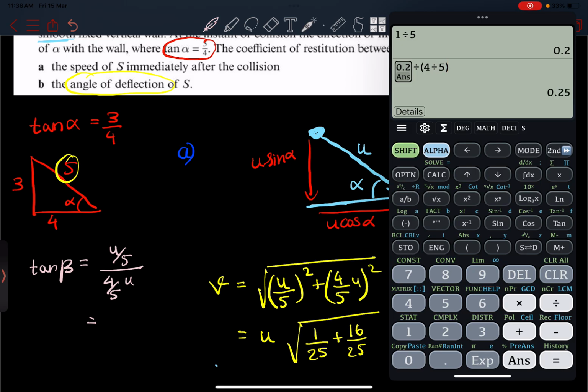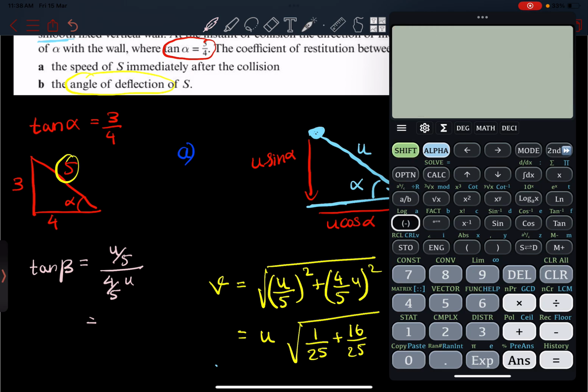Then we do tan inverse of 0.25, which is 14.03. So 14.03 is the angle at which I am leaving the wall.